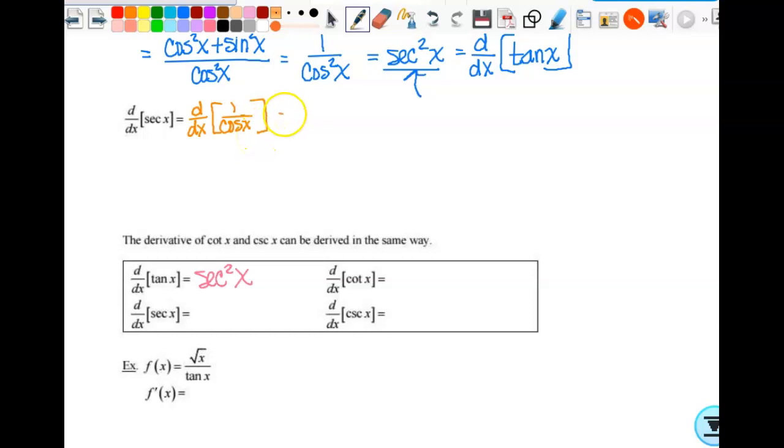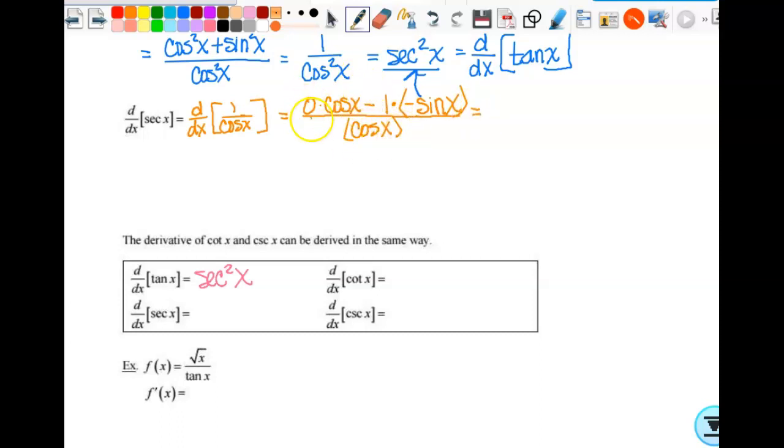Now I'm going to take the derivative, and we're going to use the quotient rule. I take the derivative of the numerator, which is 0, times the denominator, cosine x, minus the numerator, which is 1, times the derivative of the denominator, which is negative sine x, all over the denominator squared.